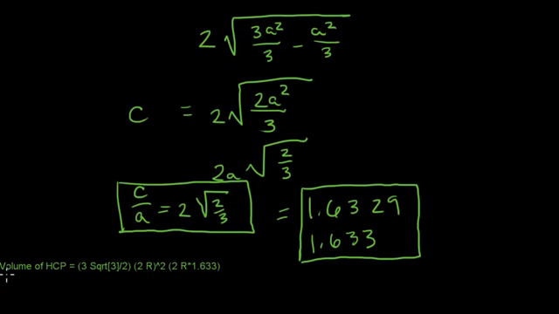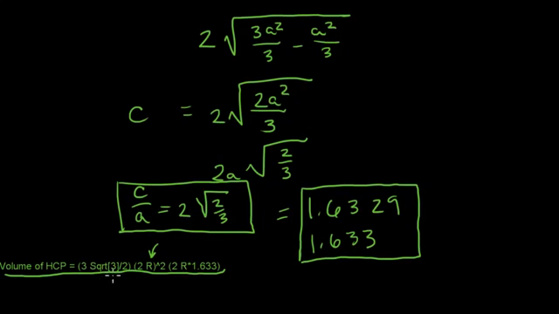And here's how you can use it. This equation right here will allow you to just plug in the radii of a particular atom, and it will spit the hexagonal close packed volume out for you.